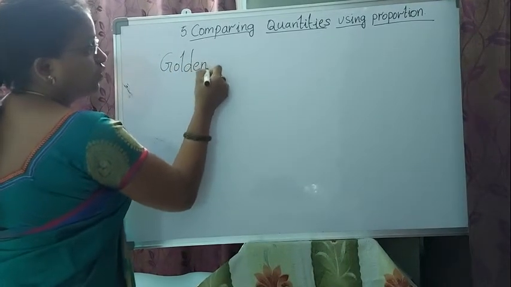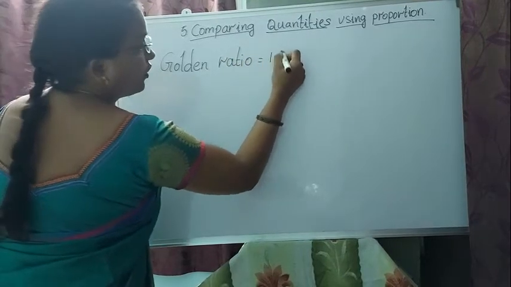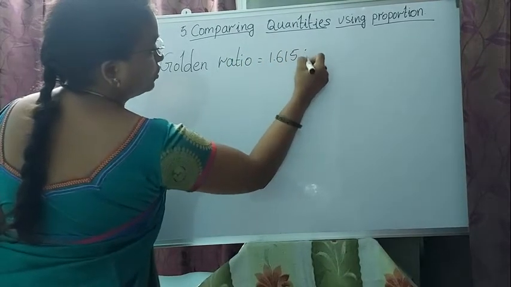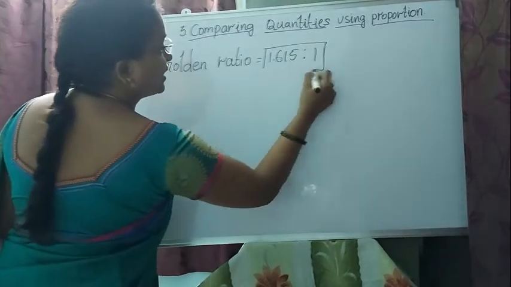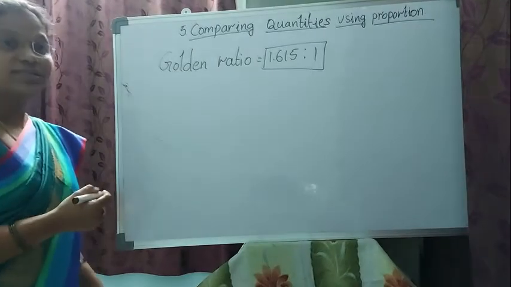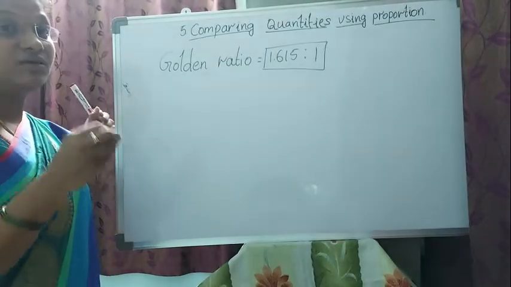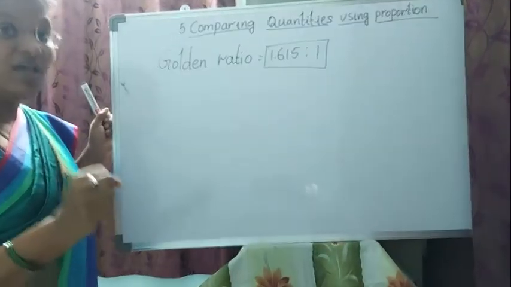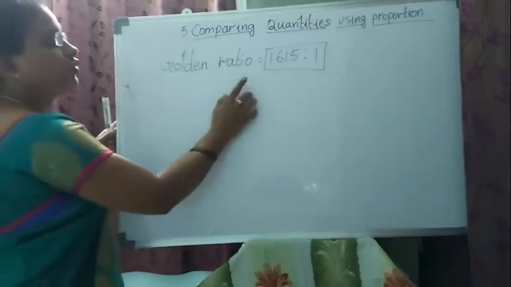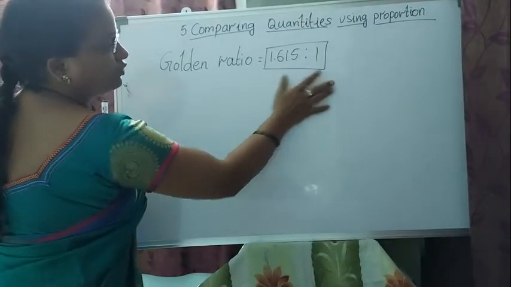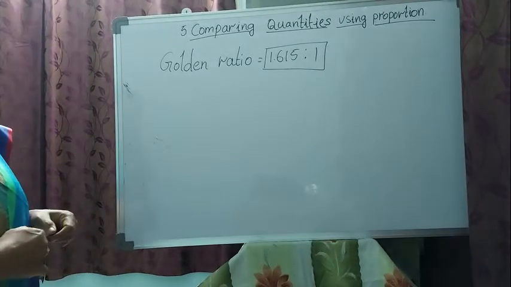What is the golden ratio? 1.615 is to 1, we call it the golden ratio. It is the length from navel point to knee is to knee to foot. We use this golden ratio in different situations.